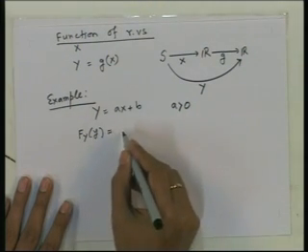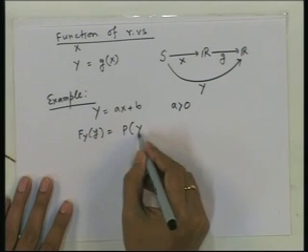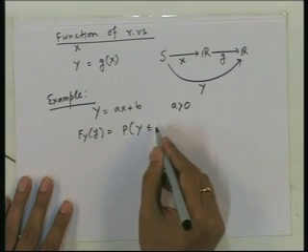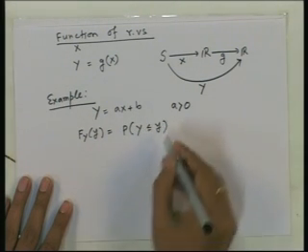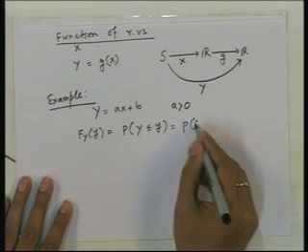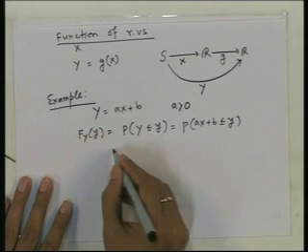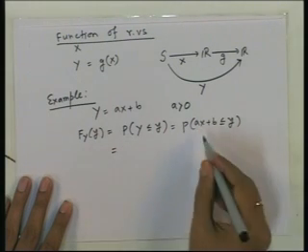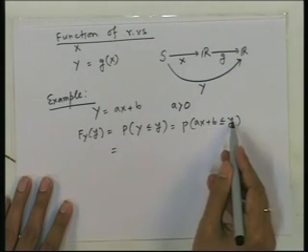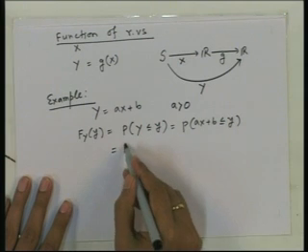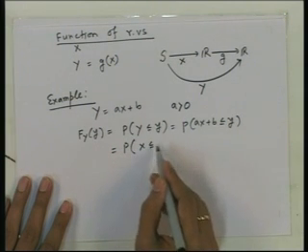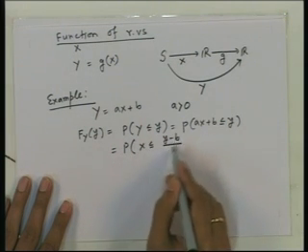By definition, this is the probability that y is less than or equal to small y, and that means the probability that a x plus b is less than or equal to small y. Now, what does this mean? This means that capital X is less than or equal to (y minus b) by a.